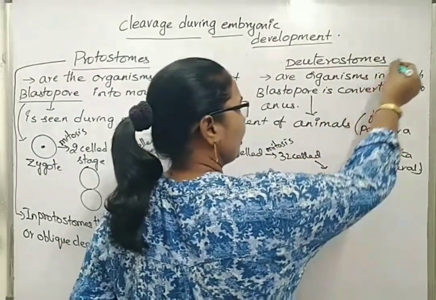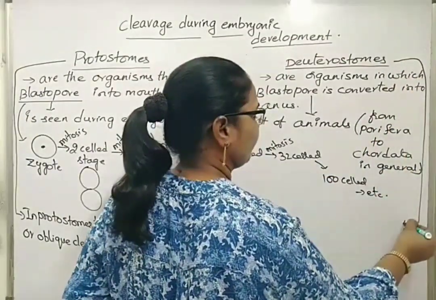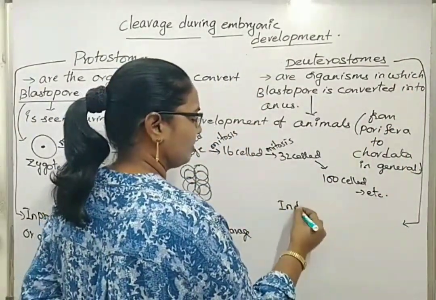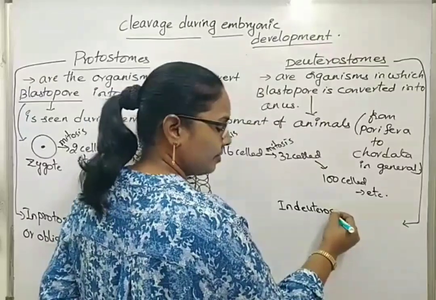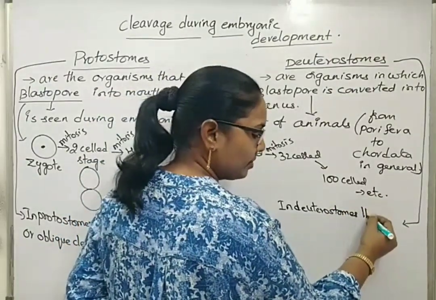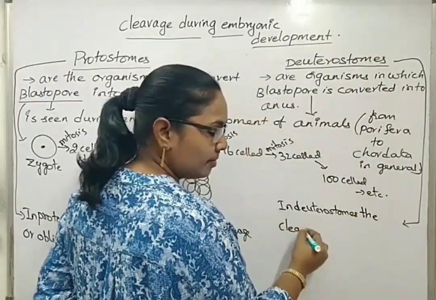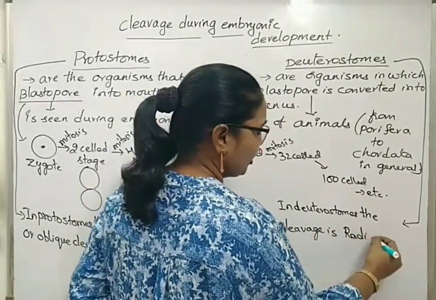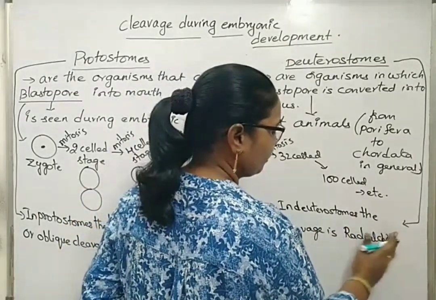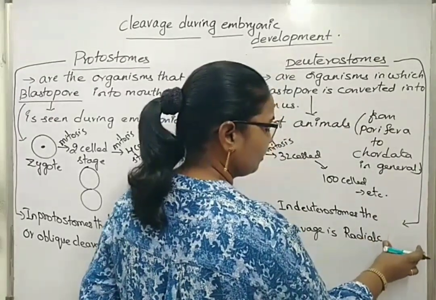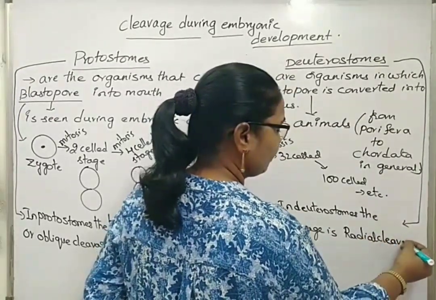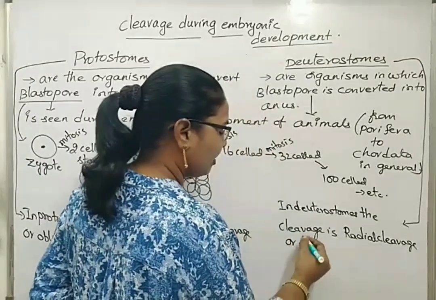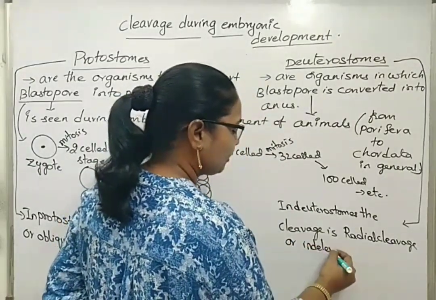In case of deuterostomes, it is radial cleavage or indeterminate cleavage.